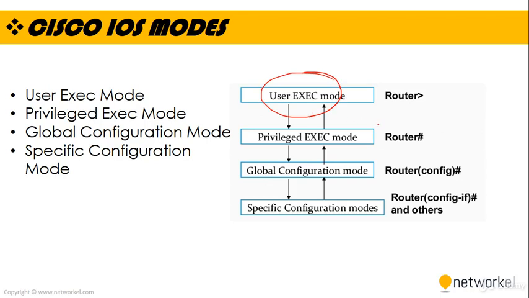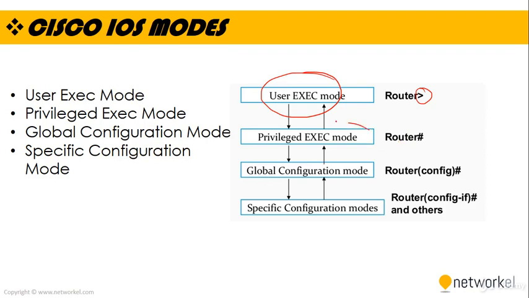The user mode can be identified by the greater than prompt following the router name. This mode also allows the user to execute only basic commands such as those that show the system's status.